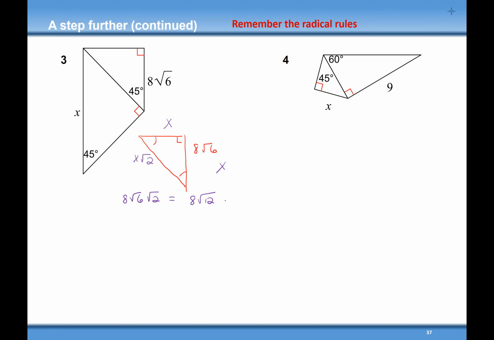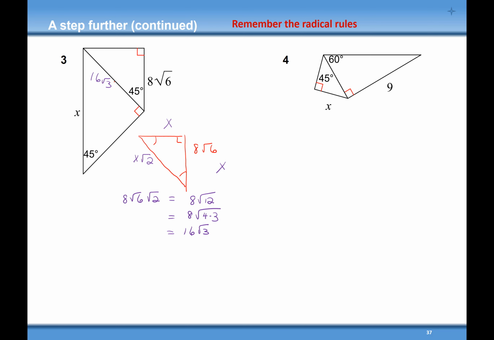Now remember, 8 radical 12 we need to simplify. We simplify that to 8 radical 4 times 3, because 4 is a perfect square. You take that 4 out and we get a 2, which gives us 16 root 3. So what we now know is that this missing piece here that we need is 16 root 3.